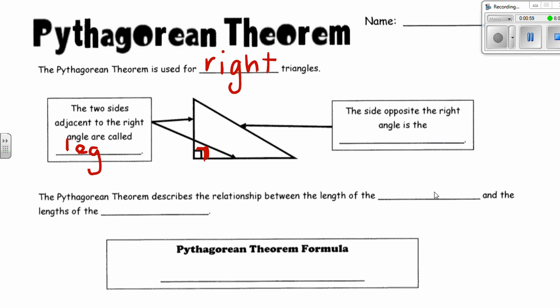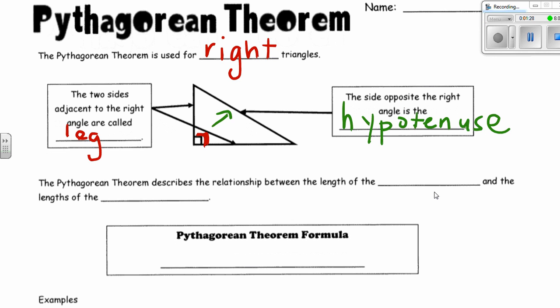And across from the 90-degree angle, if I were to draw an arrow here, we have what's called the hypotenuse. That's spelled H-Y-P-O-T-E-N-U-S-E, hypotenuse. That's going to be the longest side of your right triangle. So you've got your two legs that are connected by the 90-degree angle, and you've got that hypotenuse right across from it.